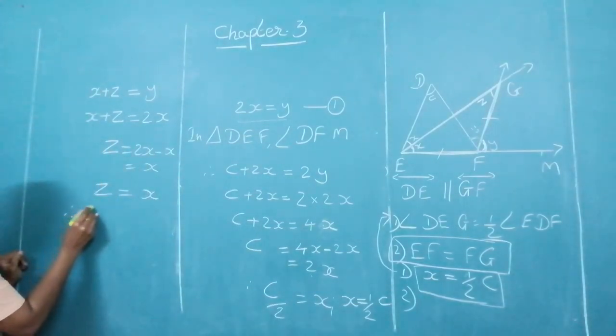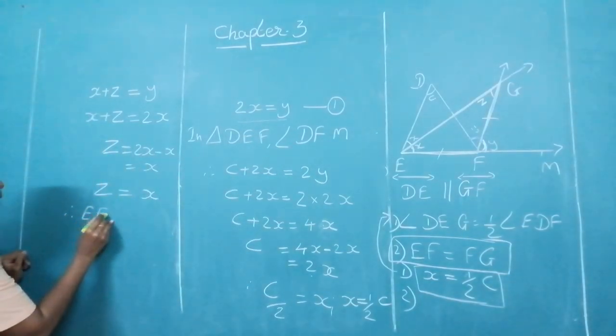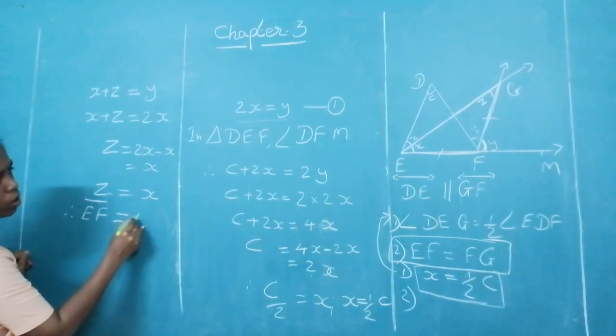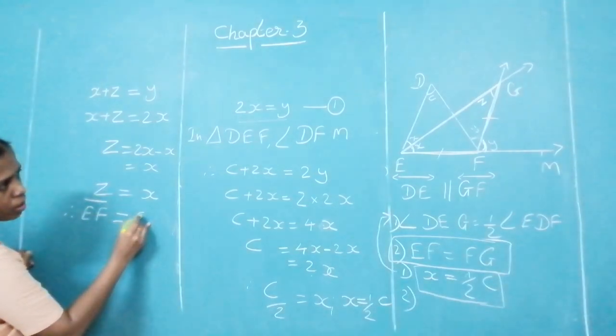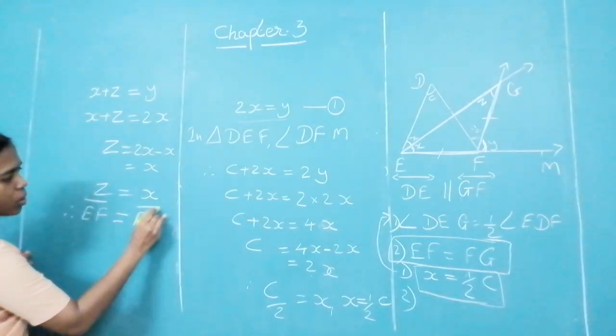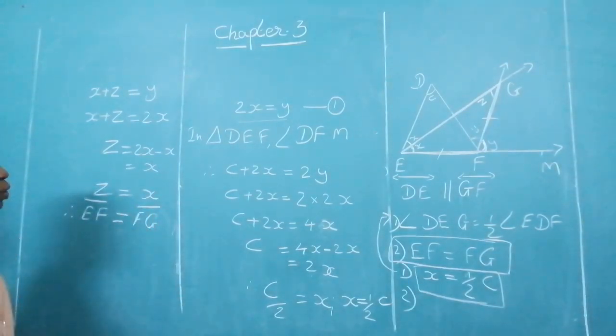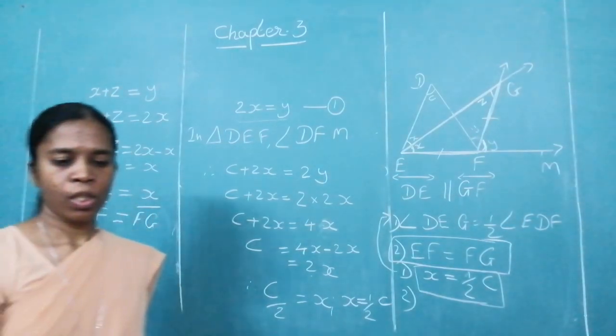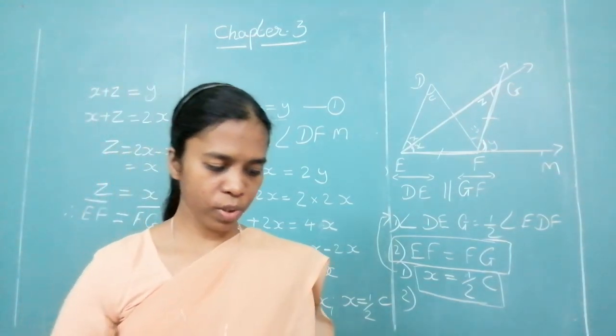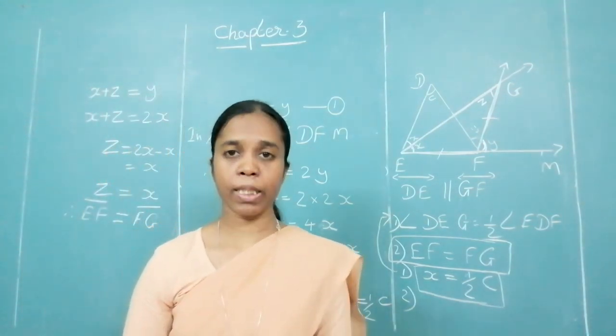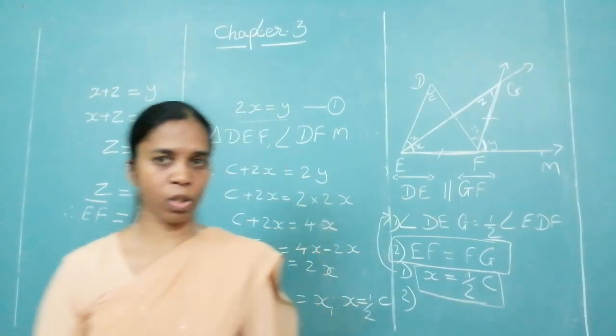Therefore, segment EF is equal to segment FG. This is what I have to show. So I have completed it. So that practice set also is over. Please learn the theorem and please complete these questions. Okay, please copy it.